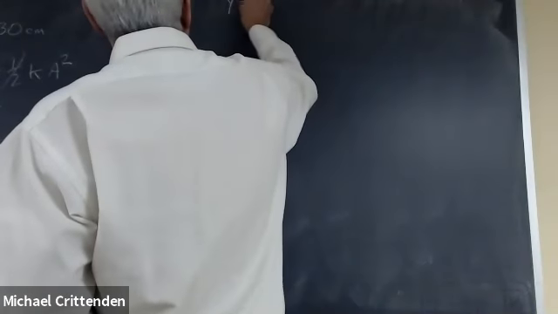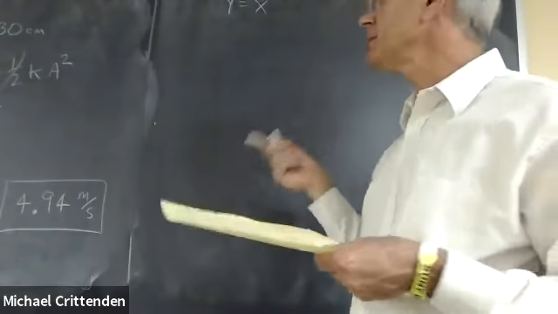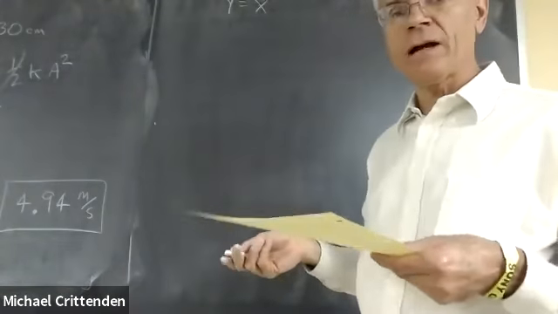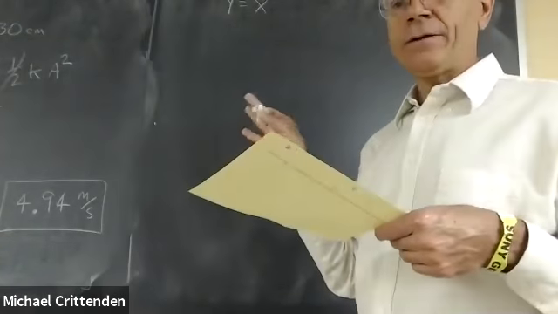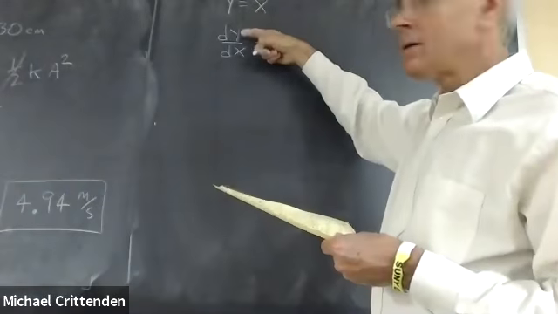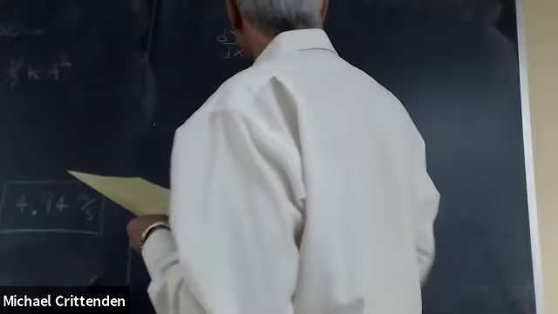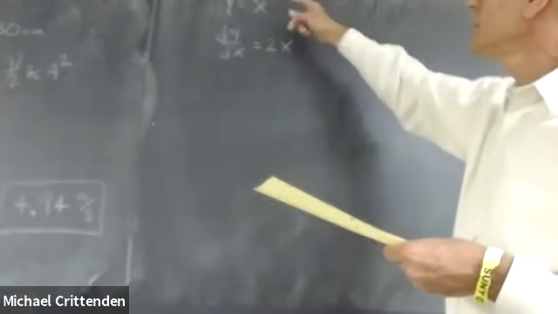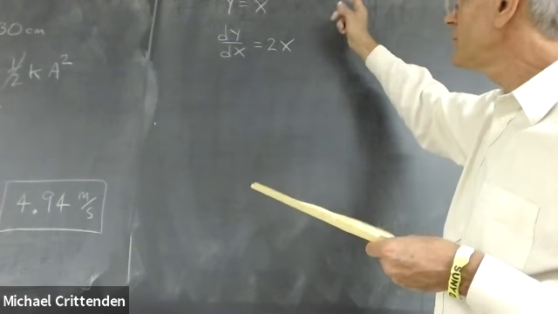Say you've got a function, and functions don't get too much simpler than that, okay? Your basic garden variety parabola, y equals x squared. If you take the derivative of that function, the derivative of y with respect to x, well, you bring down the old exponent and the new one is reduced by 1.